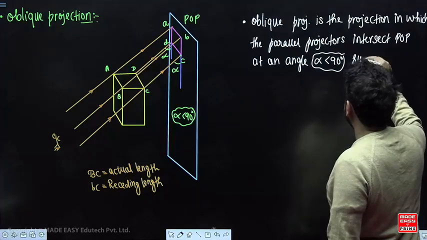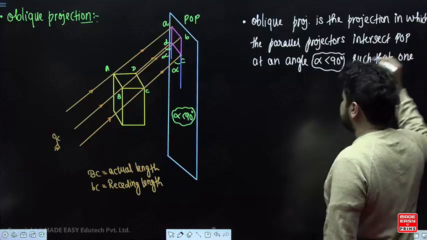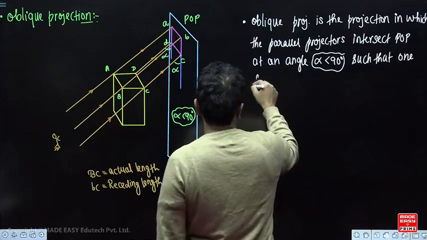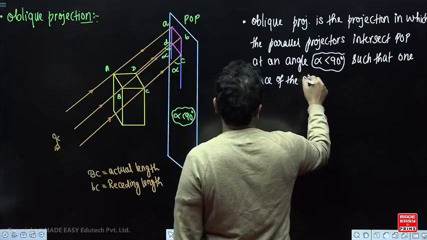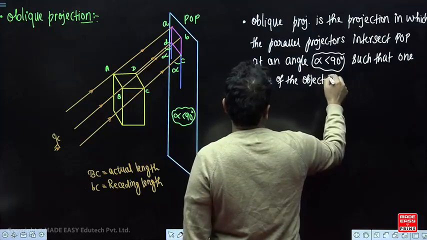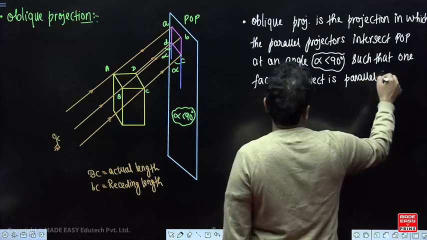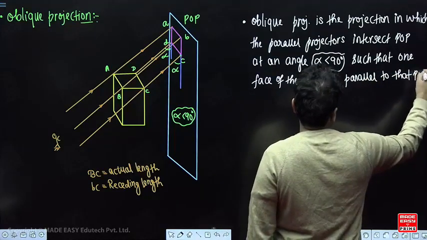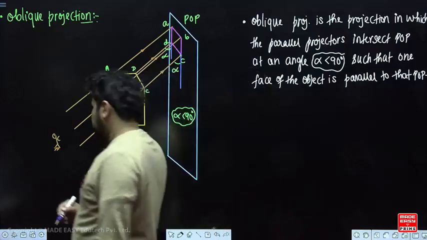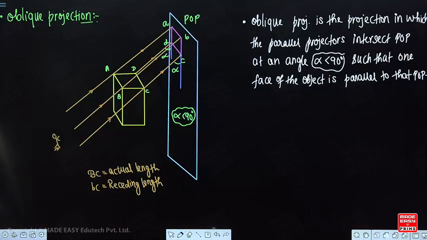such that one face of the object is parallel to that POP, correct? You can see that the observer is here, right? The situation is something like this.